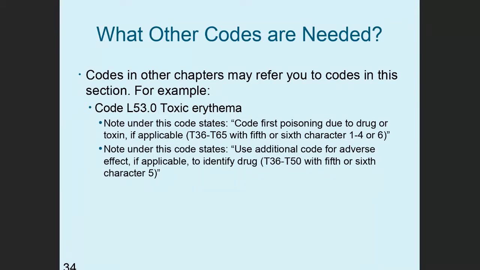There's also a note, use additional code for adverse effect to identify the drug, and that refers you also to the table. Notice that this follows the same sequencing rules. Poisoning, it says code first. Adverse effect, it says additional code. So it's following the same coding sequencing guidelines that we had before.